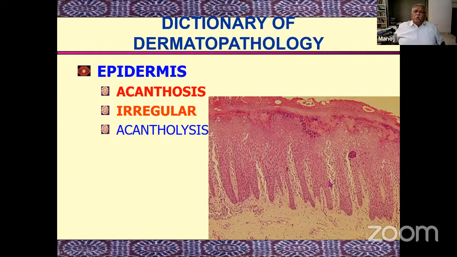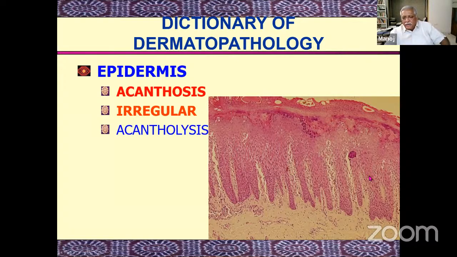Now, again, if you look at the type of acanthosis, you are also able to derive some meaning out of that. Now, here you can make out, obviously, this is much thicker than it should be. The depth of the epidermis is much more than it should be, right?